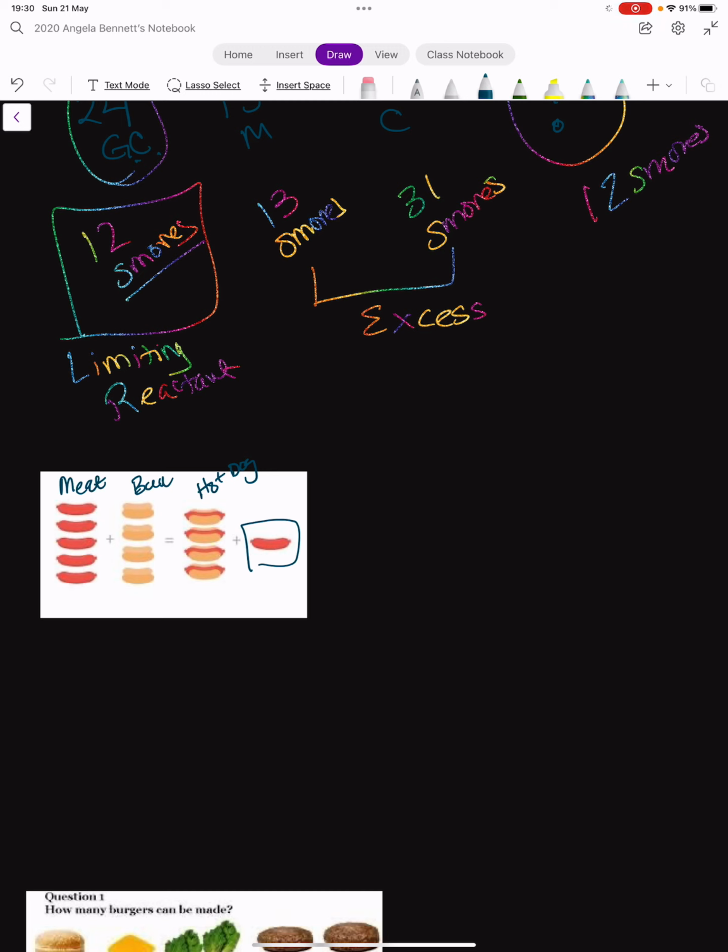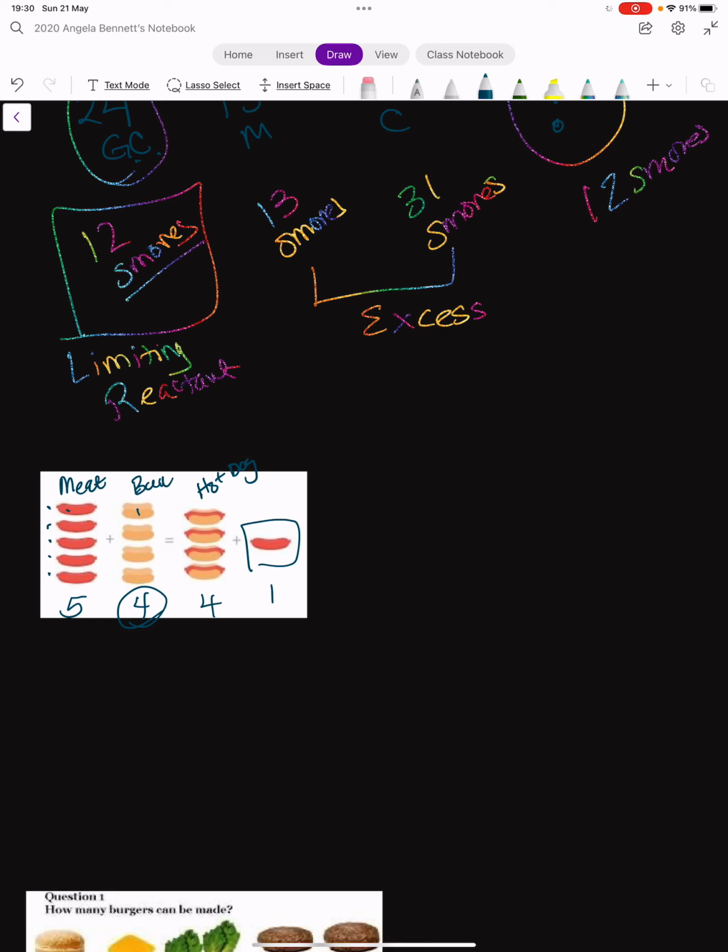To make a hot dog, we need 1 piece of meat and 1 bun, and we will get 1 hot dog. We have 1, 2, 3, 4, 5. We have 5 of these and 4 of the buns, and since 4 is the smallest number, we can only make 4 hot dogs. We have 1 of the pieces of meat, the hot dog part that goes on the inside, left over.